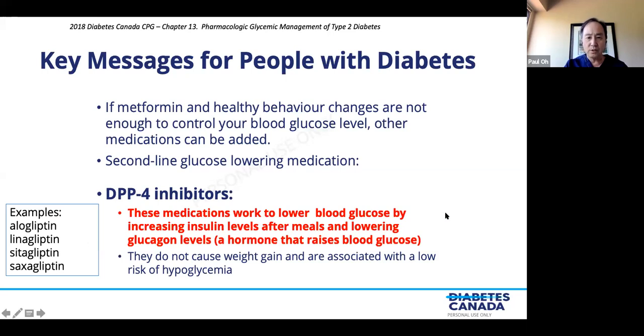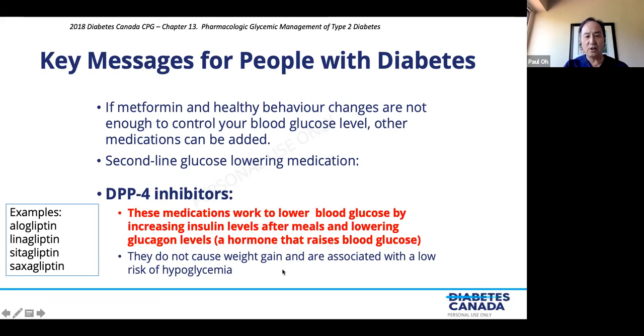They work to lower blood glucose by increasing insulin levels, particularly after meals, and lowering glucagon levels, which is another hormone that comes out of the pancreas that tends to raise blood glucose. So we are trying to rebalance our hormonal status that governs our blood sugar control.